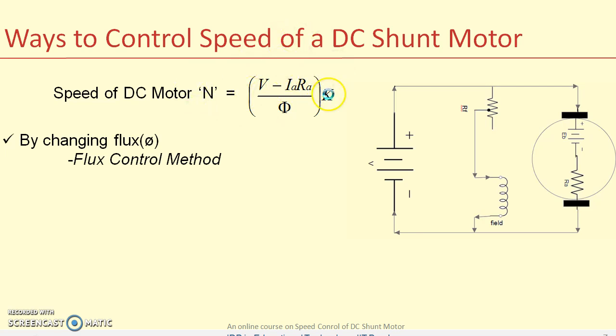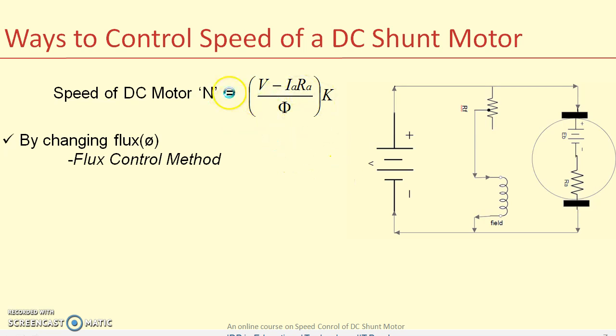If this numerator decreases, the speed also decreases. So, if you introduce an additional resistance in the armature circuit, the voltage drop increases, which reduces the numerator of this equation, which reduces the speed proportionally.